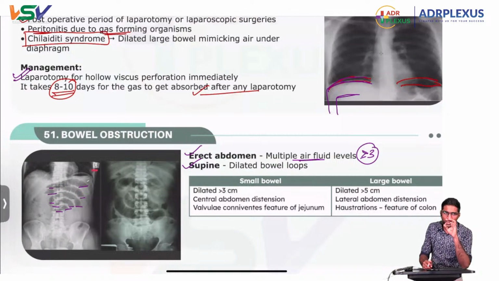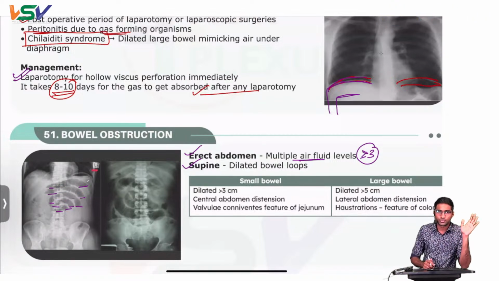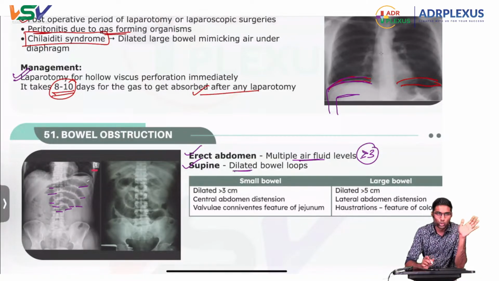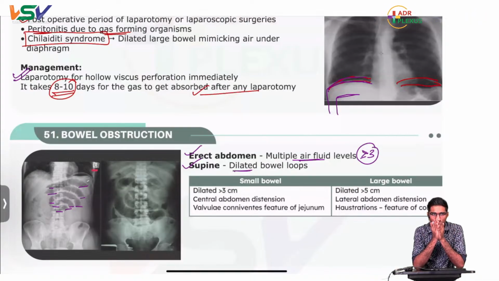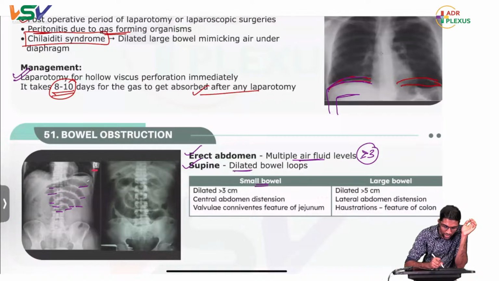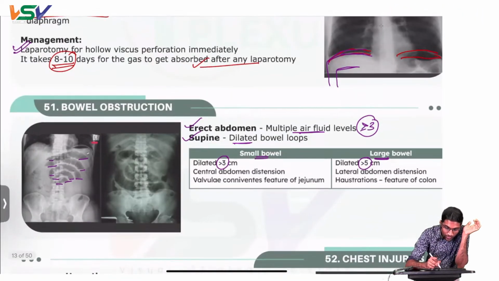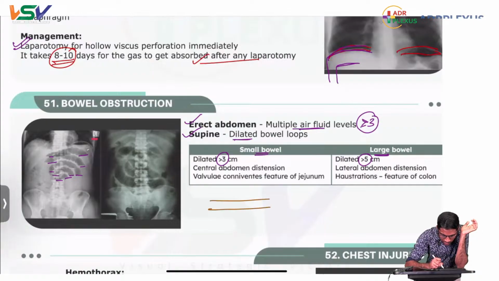And you should identify whether it is a small bowel or a large bowel. In supine, you can just find the dilated bowel loops so that you can measure the amount of dilatation that has happened. For small bowel, it is more than 3 centimeters, and for large bowel, it is more than 5 centimeters. How to differentiate a small bowel from a large bowel: in small bowel, especially in jejunum, you have valvulae conniventes.